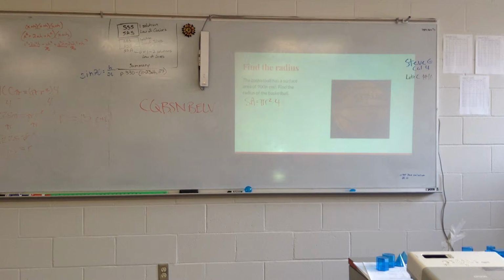900 pi was our surface area, right? Aren't you trying to solve for r, get r by itself? See how the pi is still in there? She divided 900 by 4.